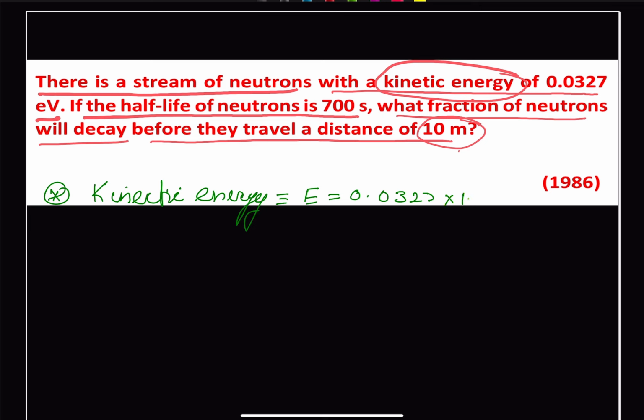So we are going to convert into joules, multiply by 1.6 into 10 raised to power minus 19 joules. So this gives us that our energy is equal to 5.232 into 10 to the power minus 21, and this is a representation of the kinetic energy.